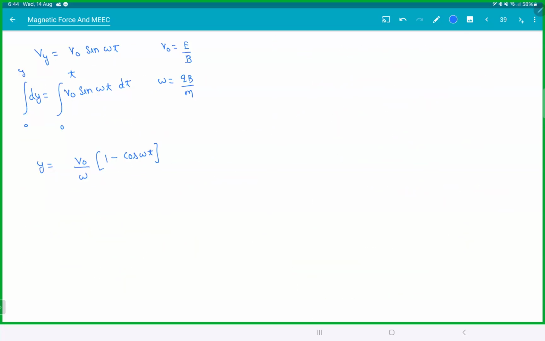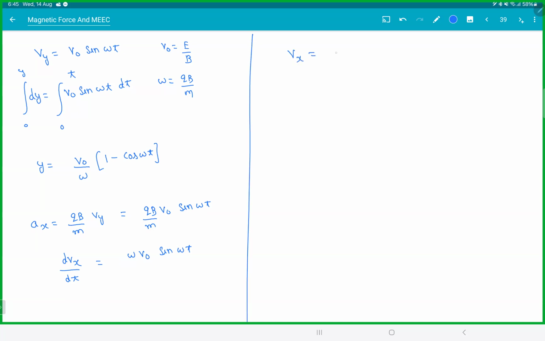And then from equation 1, we also know ax is qB by m into vy. If I substitute here, I'll get qB by m into V0 sine omega t. This is nothing but dvx by dt, and qB by m is actually omega only. Integrate this, you'll get vx equals V0 into 1 minus cos omega t, limit 0 to t.